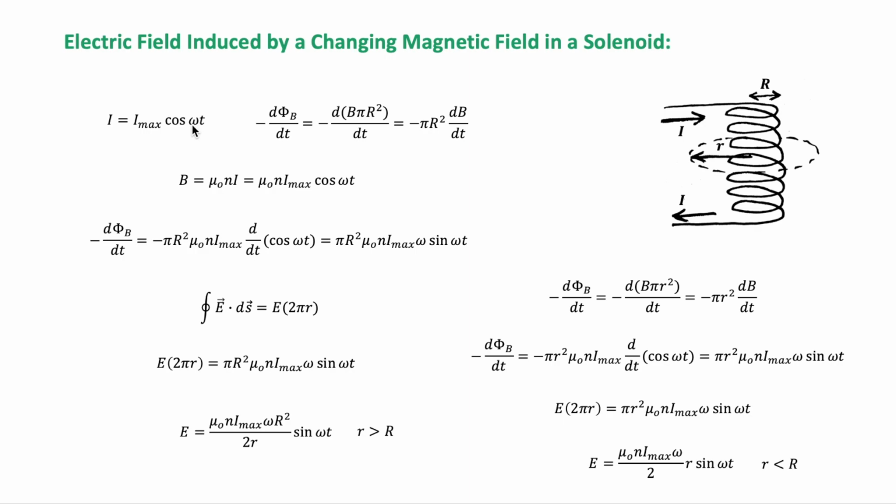So we want to find the magnitude of the induced electric field outside of the solenoid at a distance of r greater than R, okay, from the central axis. So because the current is varying with time, it will produce a changing magnetic field, and this will lead to an induced electric field, okay?